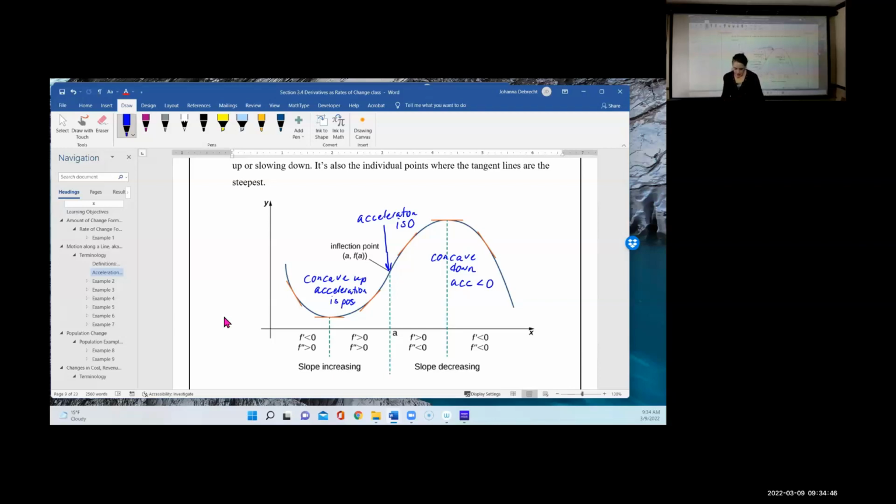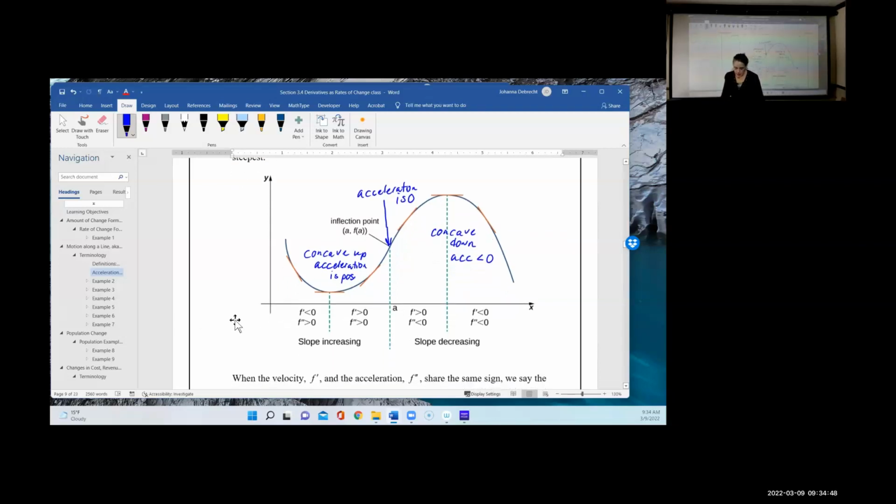Now, there are some ways of knowing from the graph whether you're speeding up or slowing down, but I found that for most students, it makes more sense that you have to slow down before you stop. So the left side of a minimum or the left side of a maximum, you've got to be slowing down. So we're slowing down in this region and slowing down in this region.